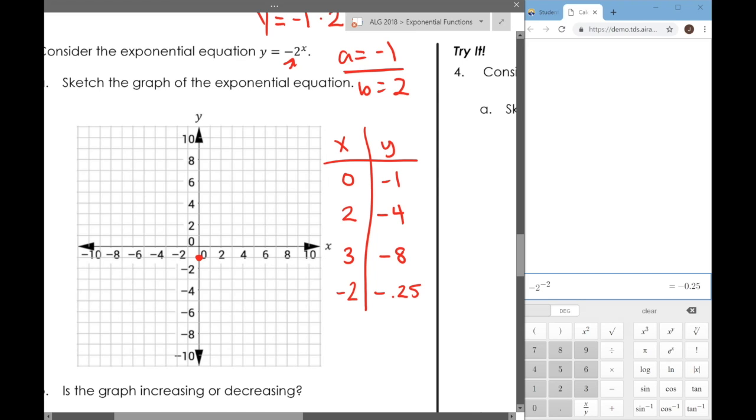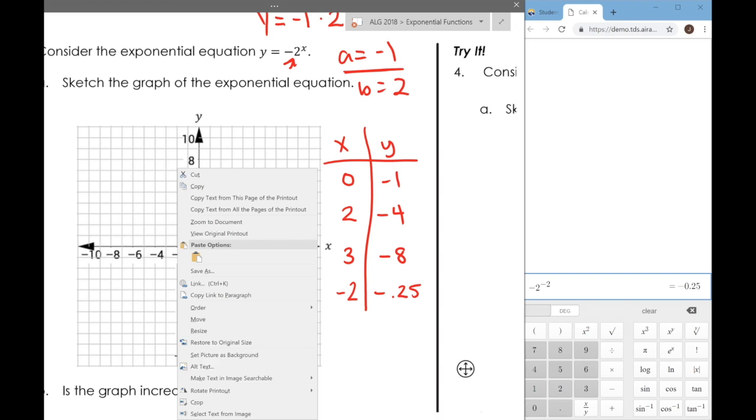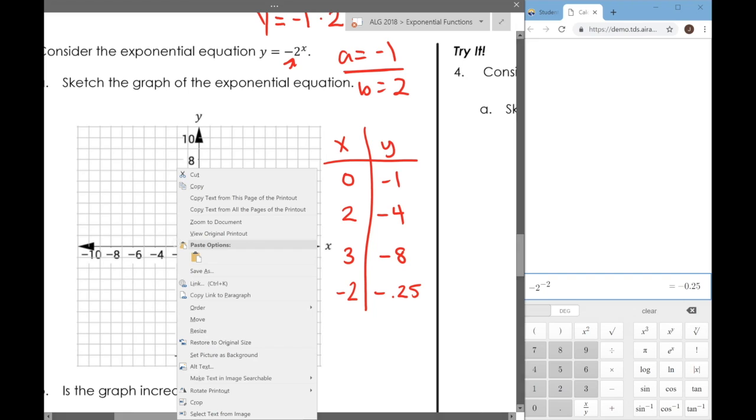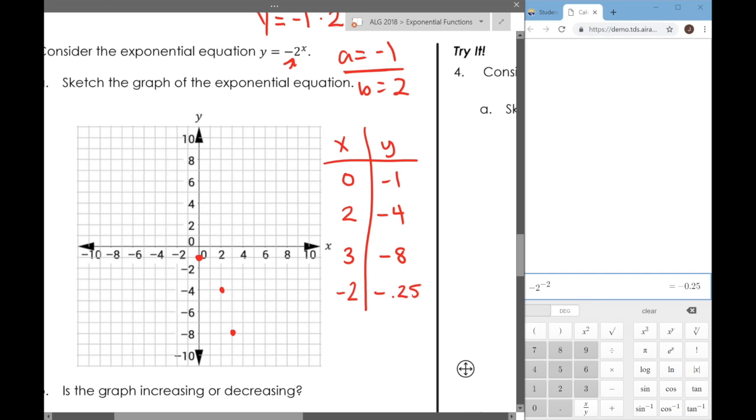So let's graph these points, 2 and -4, 3 and -8, and -2 and -0.25. And that's about like right here. Oh, I'm sorry, it's a negative, so it's a little bit below. Okay, so I take my dots.